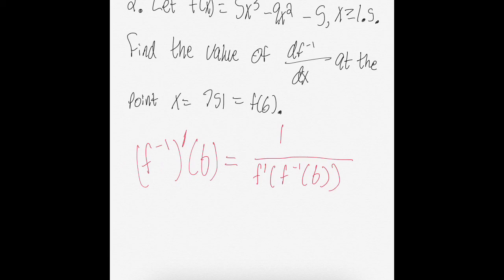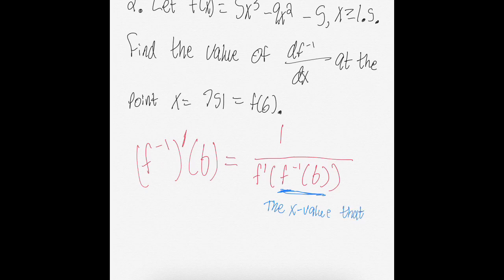So we'll go through this specific example in just a minute, but the idea here is that we can just flip the derivative and then plug in, not the point itself. Notice that we're not plugging in b into the derivative. We're plugging in the inverse of b.